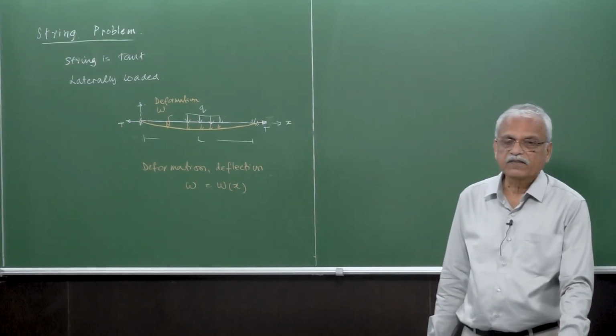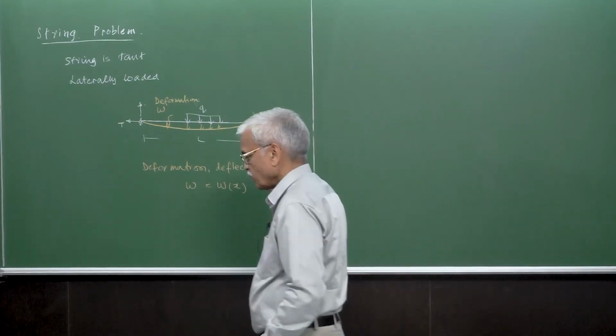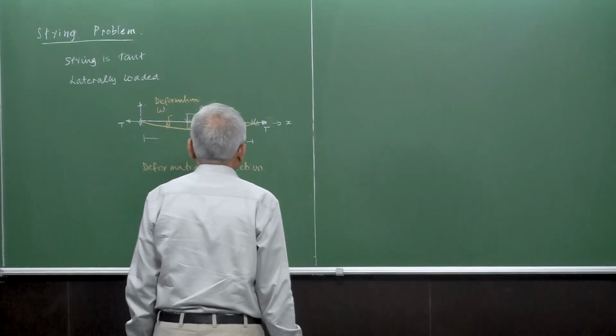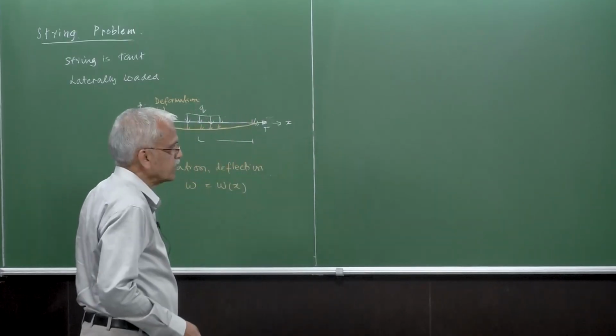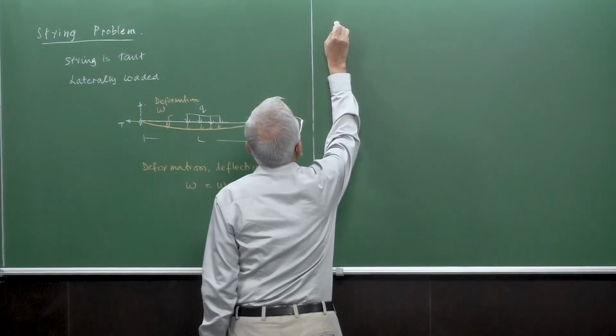Similarly, the deflection W is given by upward as positive. So under that convention, what we do is derive the governing equation, or the equilibrium equation.